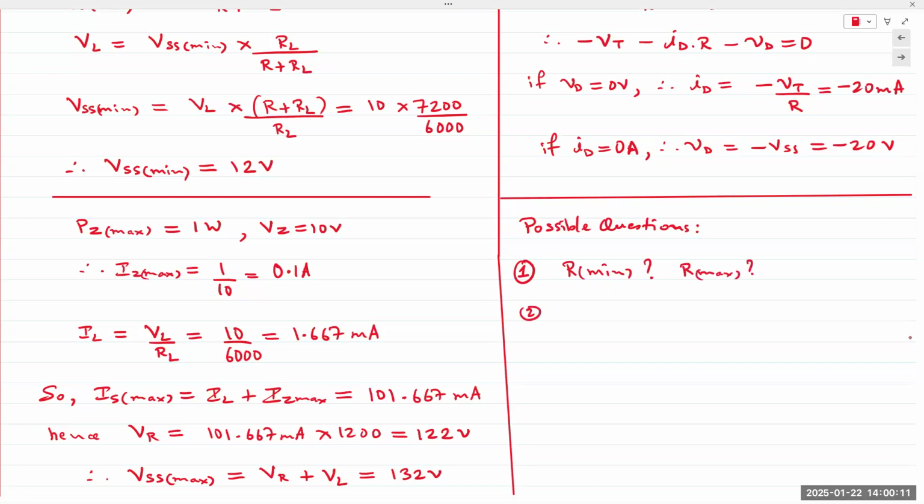And you'd have a range for RL minimum, the load resistor, and RL maximum. Okay. This was the result because we chose a Zener diode of 1 watt dissipation. If we choose a Zener diode with half a watt of dissipation, the maximum range would be reduced, right? So as a designer of this regulator circuit, that would change.